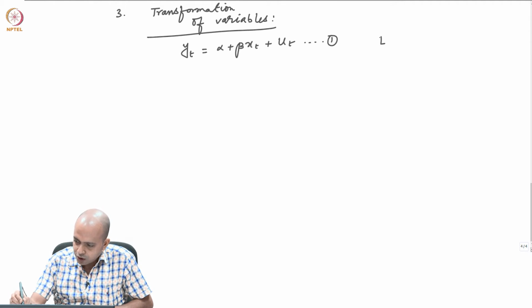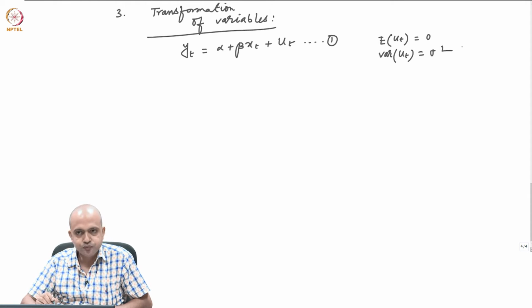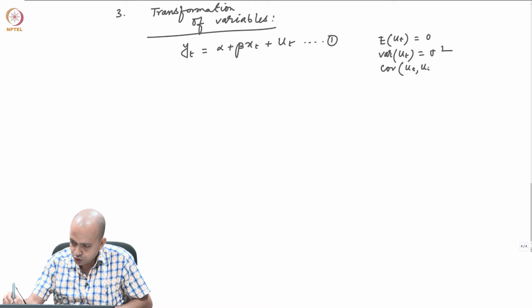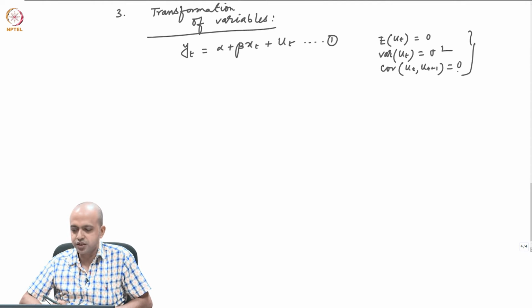That means expectation of u t equals 0, variance of u t equals sigma square, and covariance between u t and u t plus 1 is 0. So, all these properties are satisfied. That is why we say that this u t is basically the classical error term.